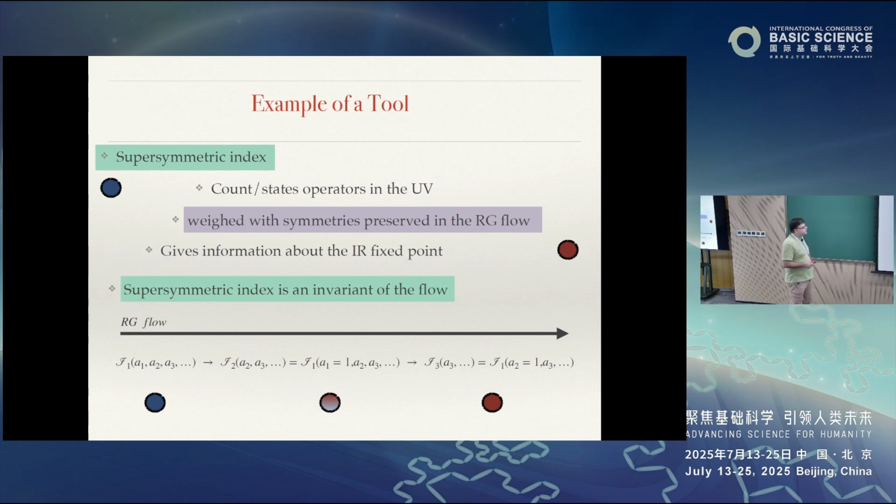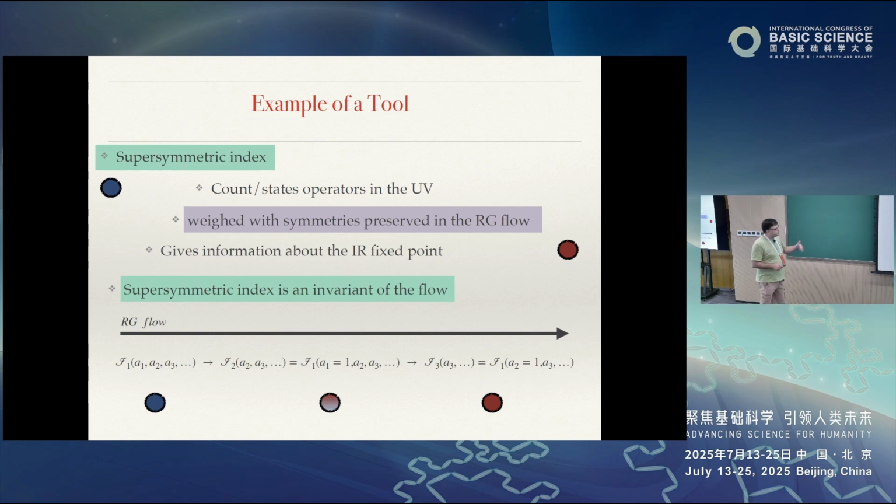So what is a supersymmetric index? It is something that we can easily compute if we have a Lagrangian. Say we compute it in the UV. We count states or operators in the UV. We use the state-operator correspondence in a CFT to think of what we are doing as counting either states or operators.